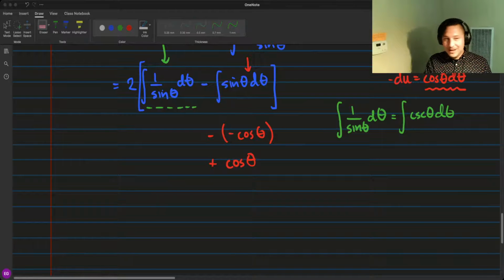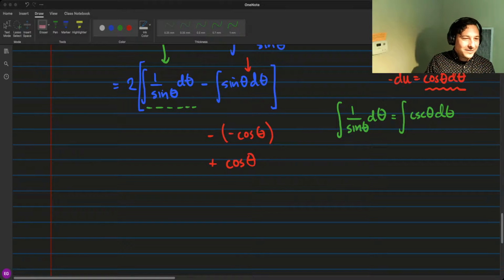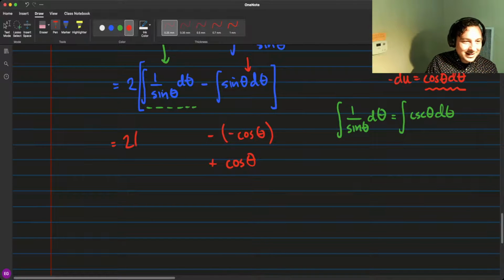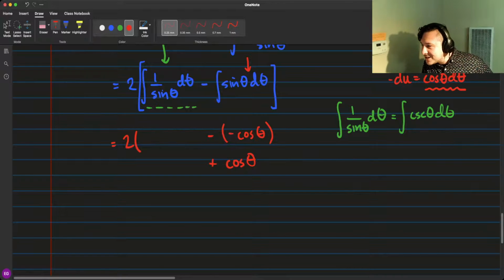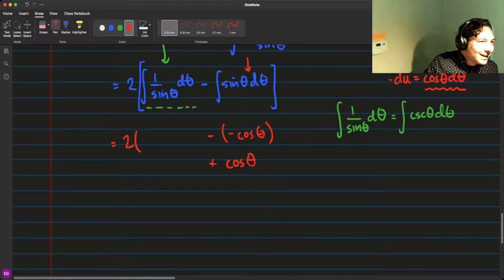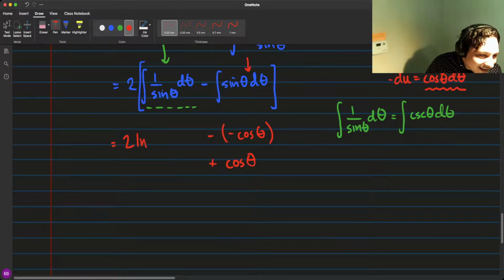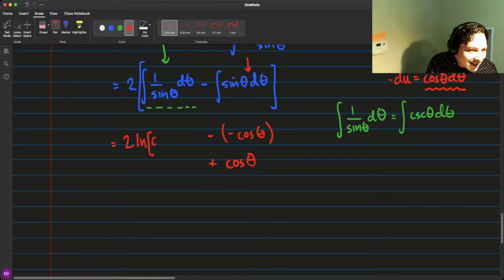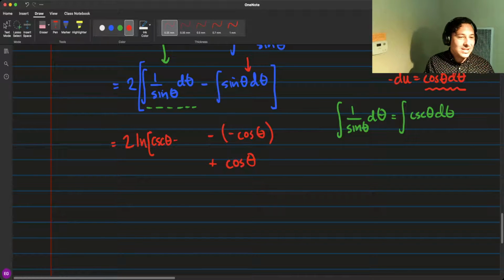Apparently the antiderivative of cosecant is going to be the natural log of cosecant theta minus cotangent theta, which, oh wow, I don't think I would have come up with that.